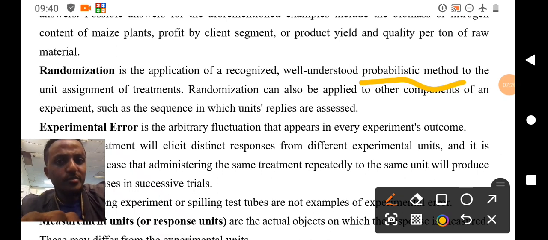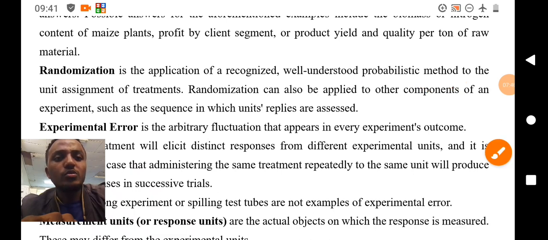For each treatment that the experimenter is contrasting, what units should be assigned and how randomization should be done. It is a basic way and condition for conducting experiments, which is randomization.